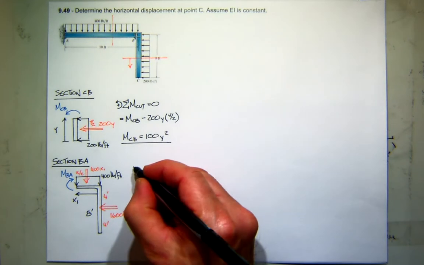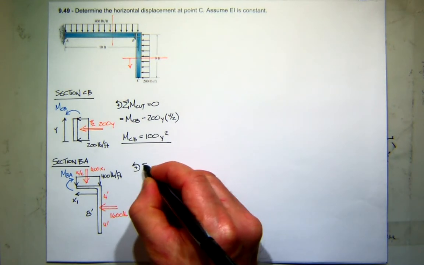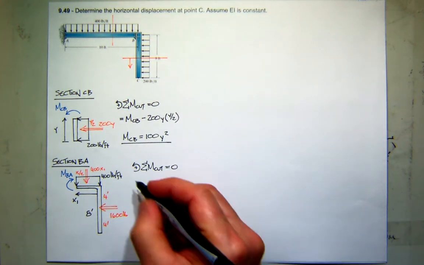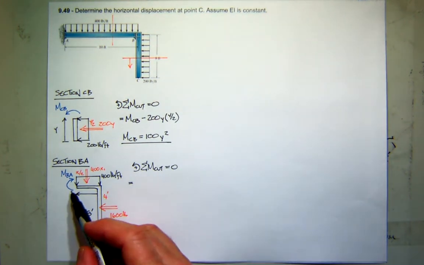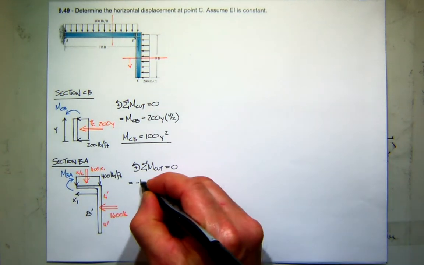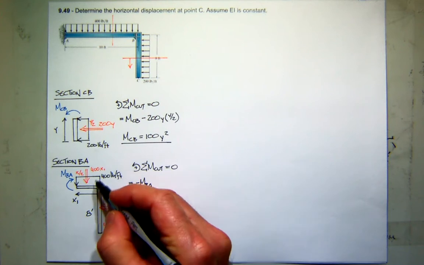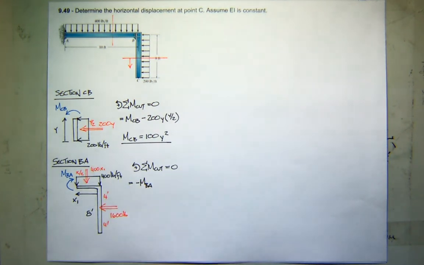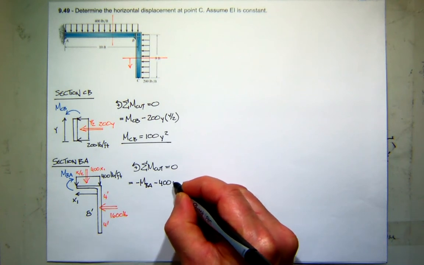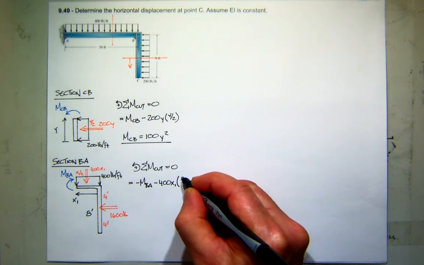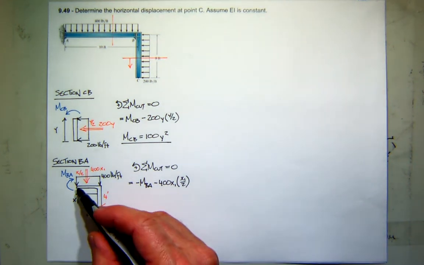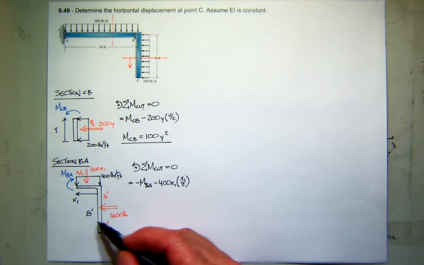So now I can sum moments again about the cut. Make sure I have equilibrium. And what do I get? Well, starting here at the cut, what kind of moment is that? Positive or negative? Negative. So I'm going to have negative moment at BA. This 400 X1 force, what kind of moment does that create about the cut? Negative. So the force is 400 X1 times a moment arm of X1 over 2. What about the moment about the cut created by this 1,600 pound force?